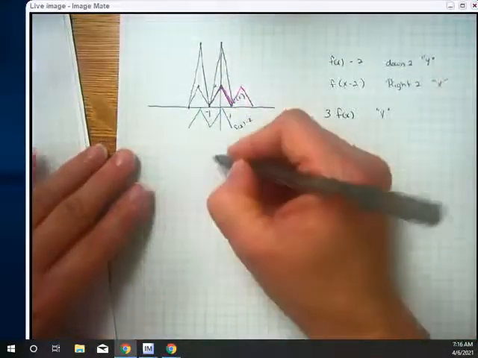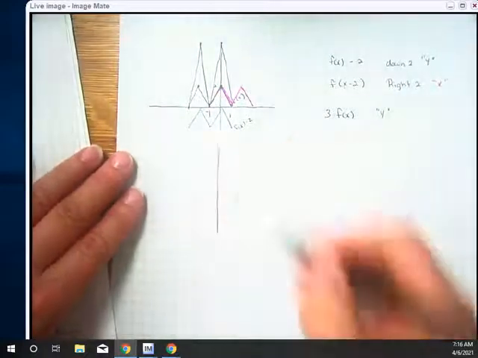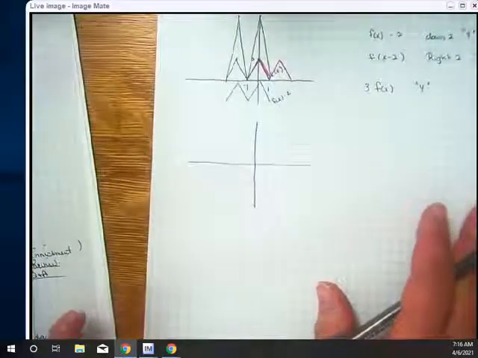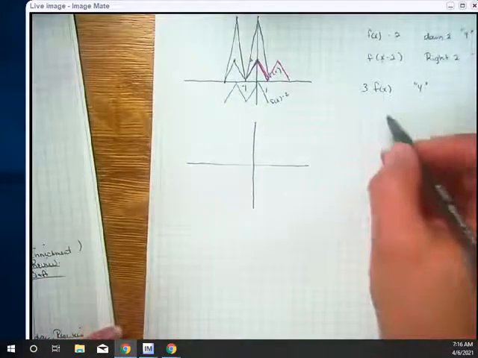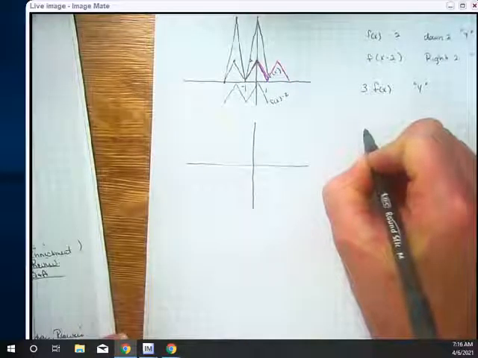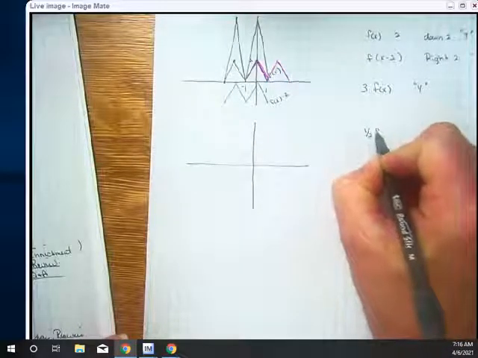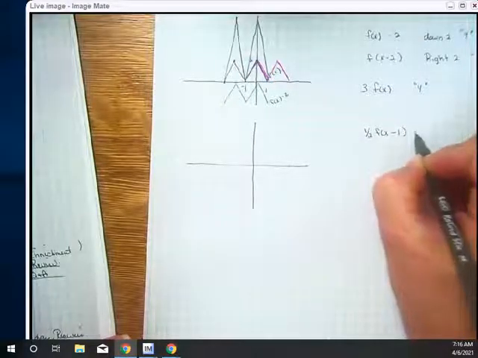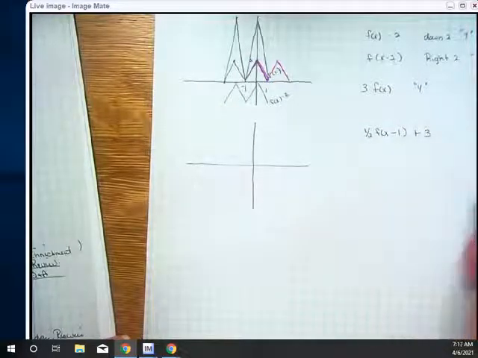All right, let's draw another graph. That's getting kind of busy. And let's look at more than one movement. Say we have 1/2 f of x minus 1 plus 3.